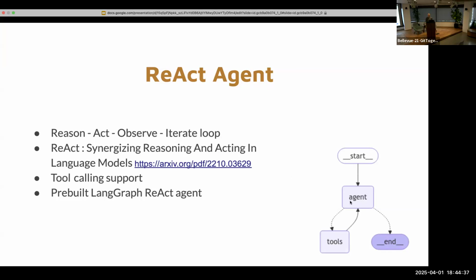The agent reasons about the prompt. And if it decides that to satisfy the request, it needs to make use of some tools in its toolkit, it will make a call to the tool. The tool outputs back the result. And then the agent reasons again. If it reasons that it needs to use more tools, it will keep going in this loop until it thinks it's good enough for an output, and then it will output.